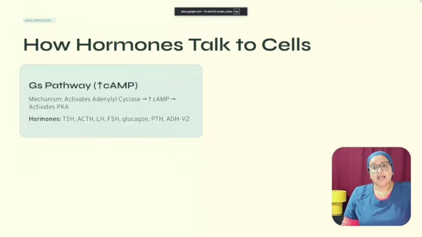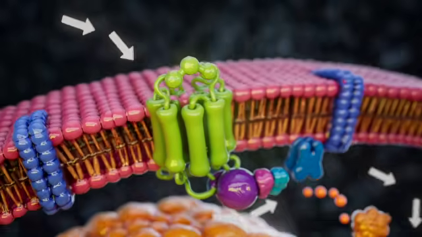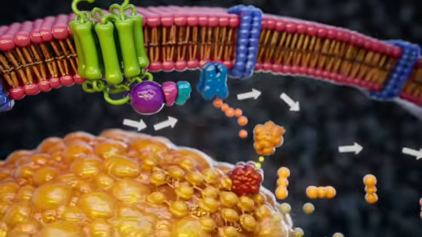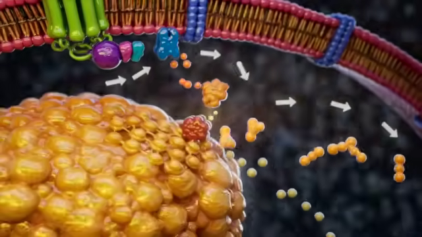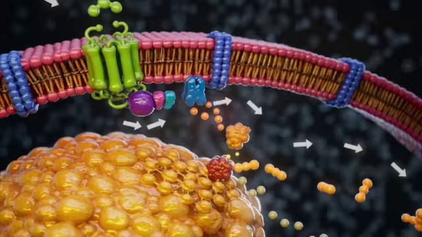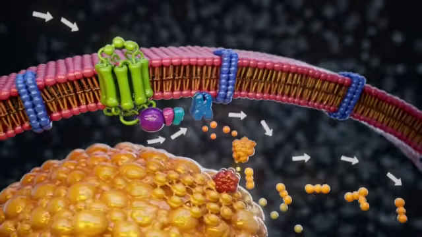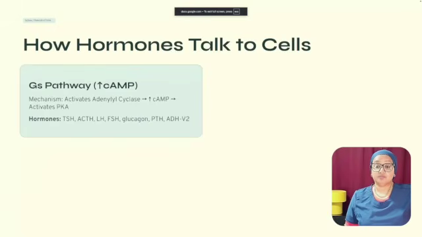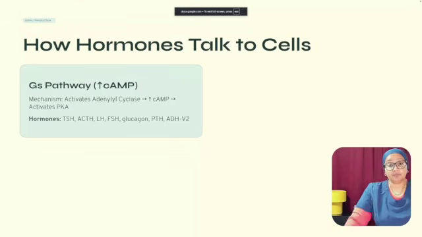Okay? So now let's start. We are talking about these signal transduction pathways. The four major classes, as I said, are the GS pathway, which is a GS coupled pathway, and produces cyclic AMP.